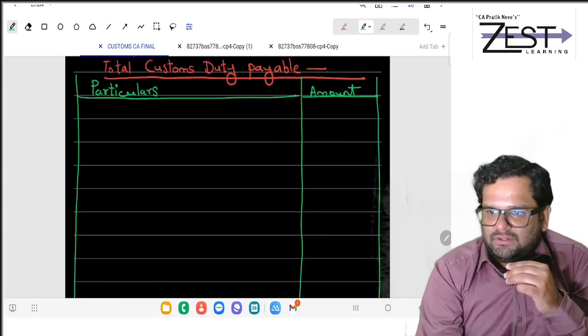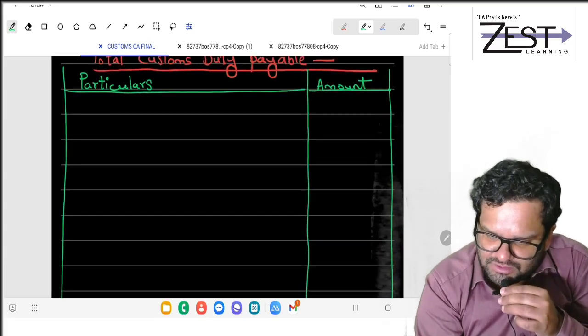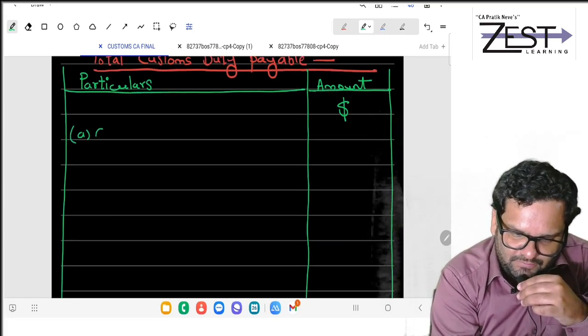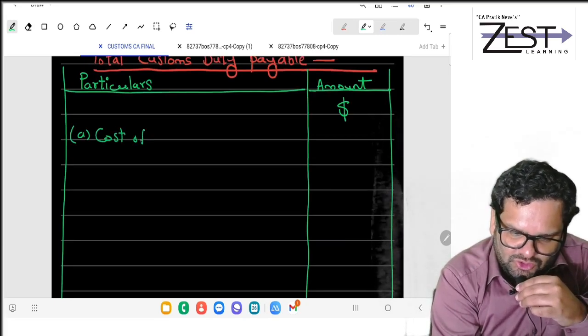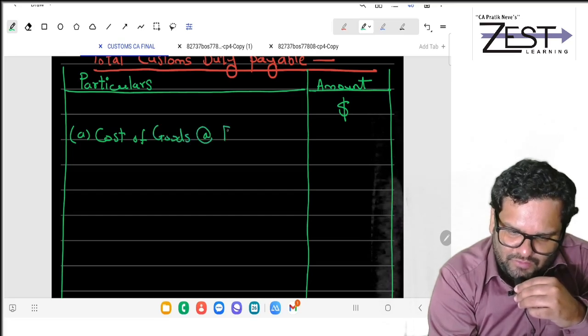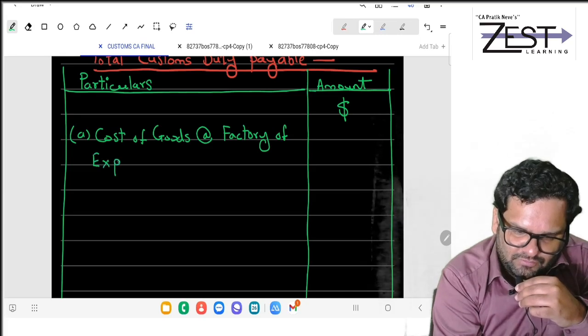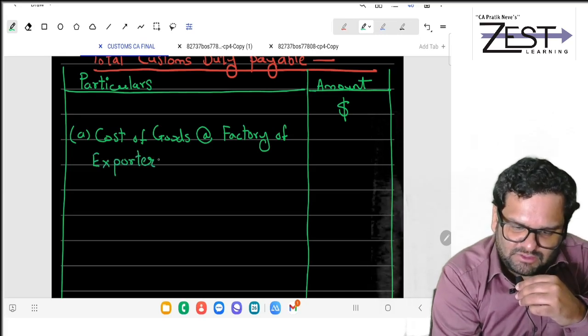Yes, sir. So, firstly, everything is in dollars. So, A point, cost of goods at factory. Whose factory? At factory of exporter.